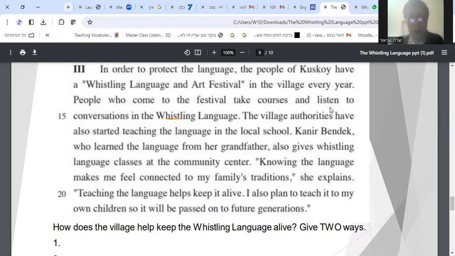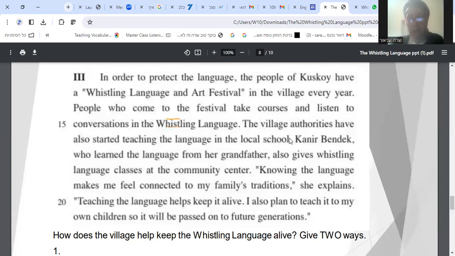יש לנו פה listen to conversations in whistling language, start teaching אמרנו, yeah, so we have listening to conversations in the whistling language.